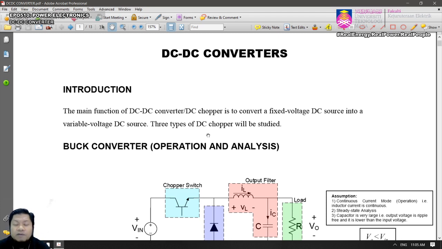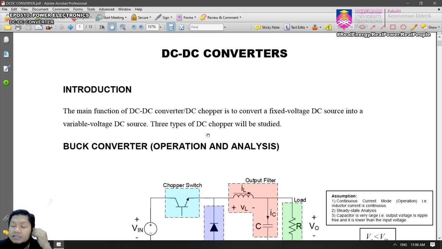But for EPO 510, we only focus on three basic circuits: the buck converter, or step-down converter; the boost converter, or step-up converter; and finally one circuit that can function as both step-down and step-up, known as the buck-boost converter.